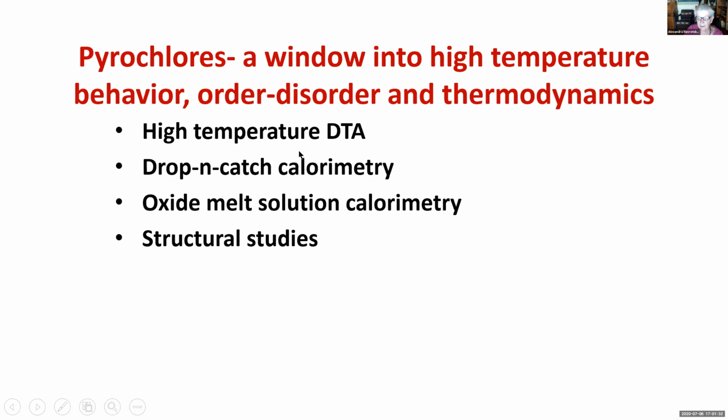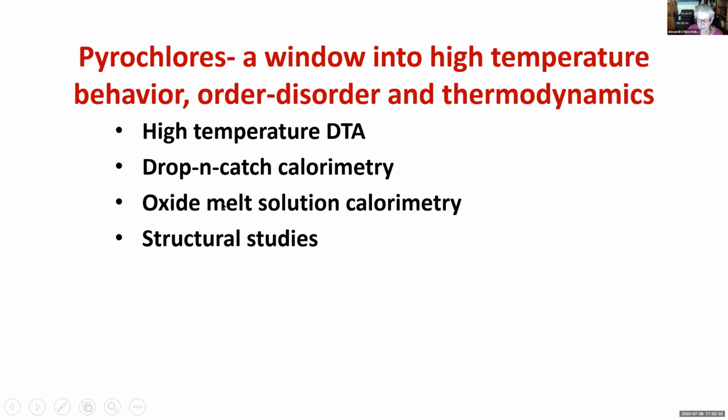The techniques that we've used to study them in our laboratories center on calorimetry. We have high temperature differential thermal analysis or differential scanning calorimetry, which I will show you some of. It goes up to 2,500 degrees centigrade. We also have our own calorimeters, which are essentially conventional drop calorimeters, except they are not conventional because they drop small levitated samples.